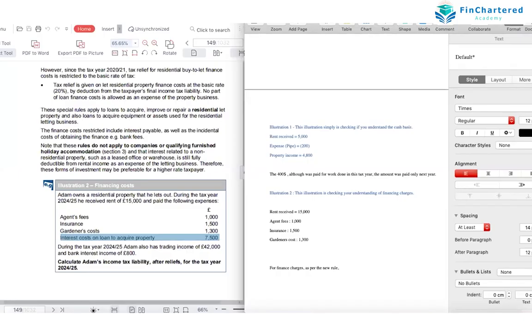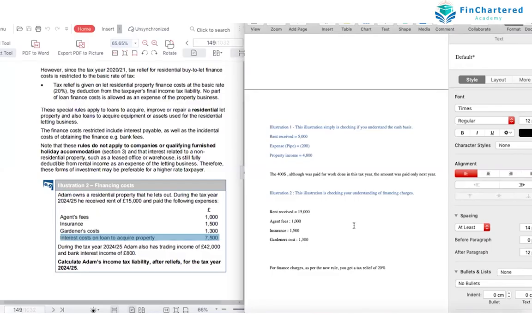We will look at that. But according to the new rule, you get a tax relief of 20%. That's all.